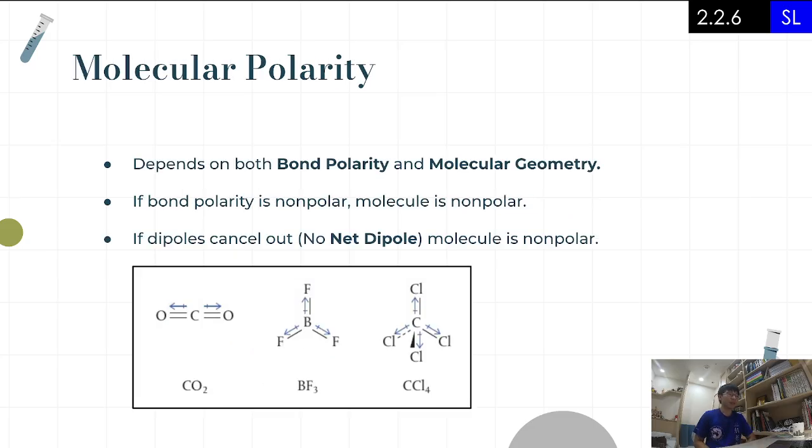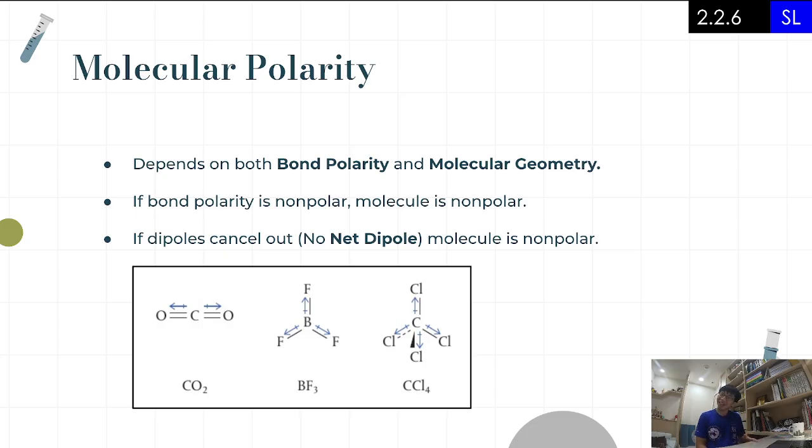And how can we identify the molecular polarity? If we know the polarity of a bond, what is the polarity of the entire molecule? This will depend on both the bond polarity and the molecular geometry. For bond polarity, we just look at that. If the bond polarity is nonpolar, then the molecule will be nonpolar. That's what the IB tells us.